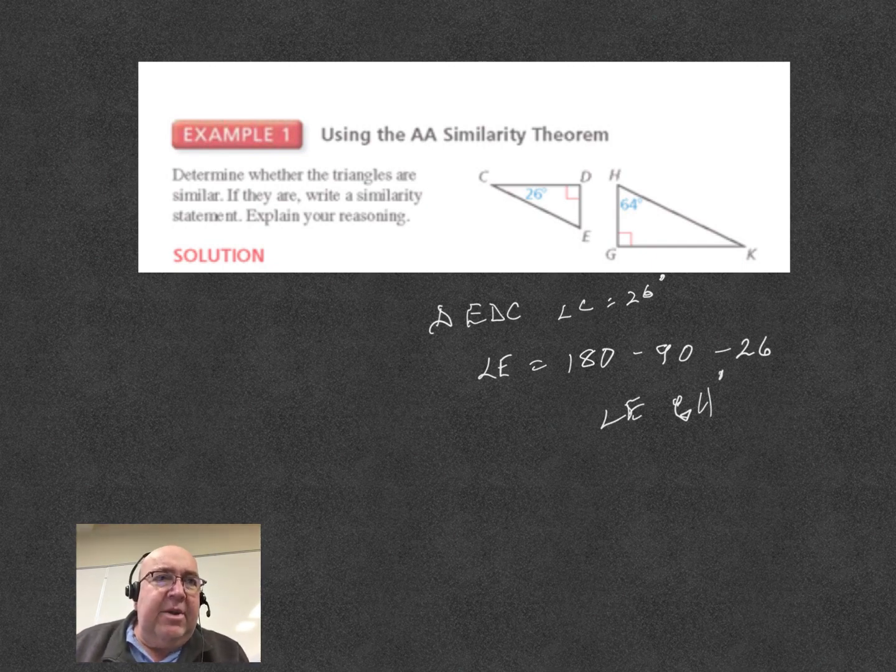So now you have two angles that are similar, so we can write triangle EDC is similar to triangle HGK.